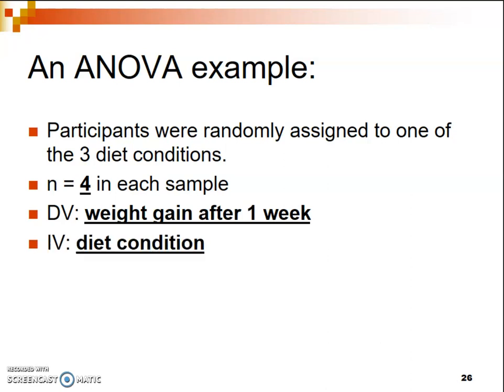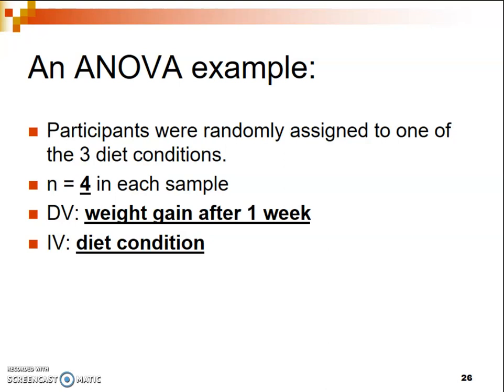So the IV or factor in this study is whatever diet you're in. So remember, a factor could be either an independent variable or a quasi-independent variable. In this situation, it's a true independent variable since the researcher randomly assigned people to one of these conditions.